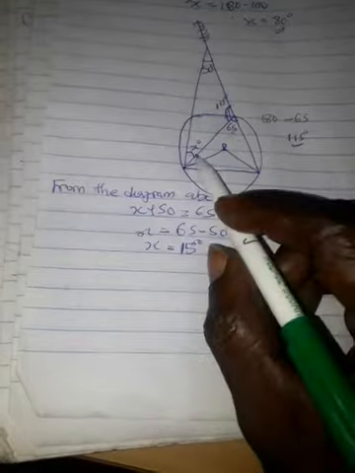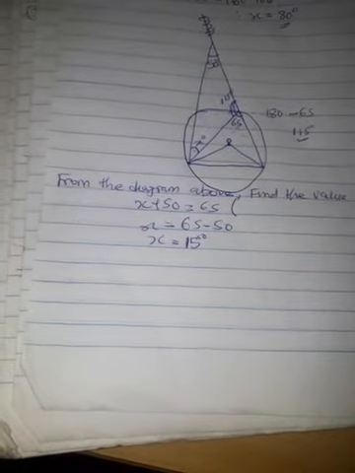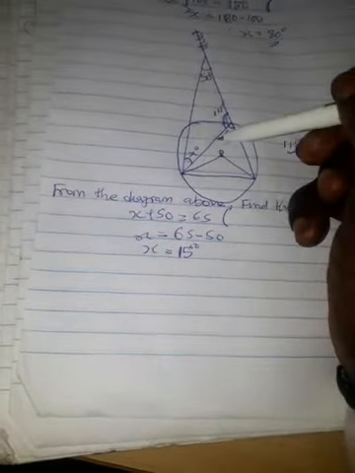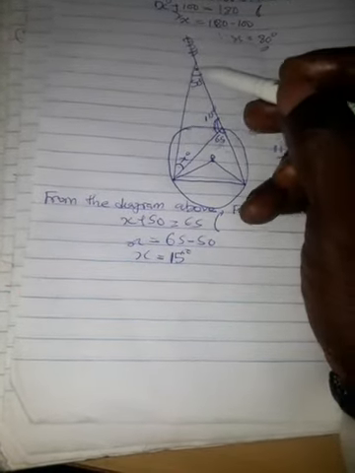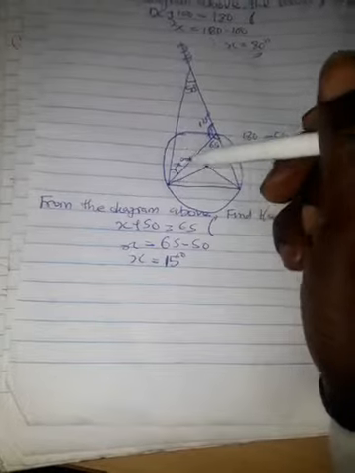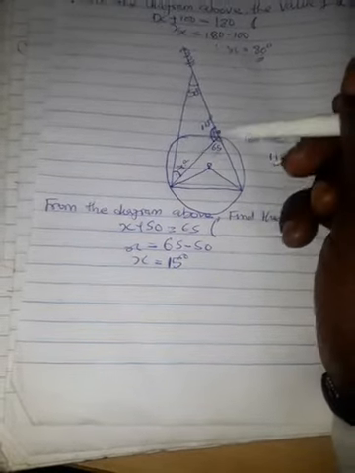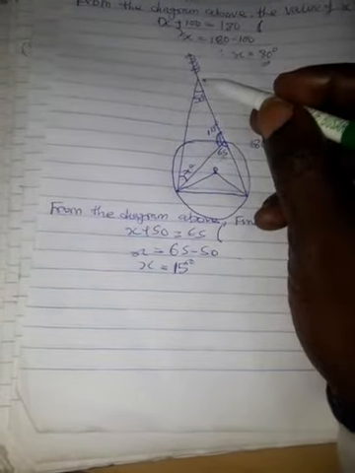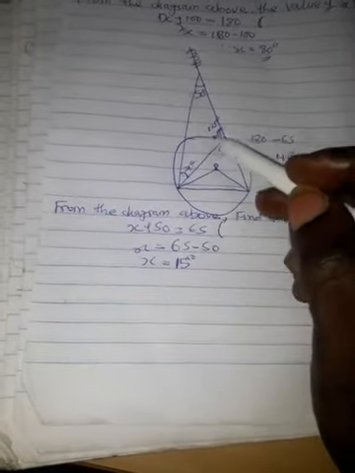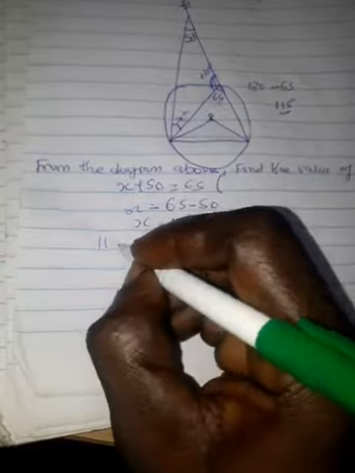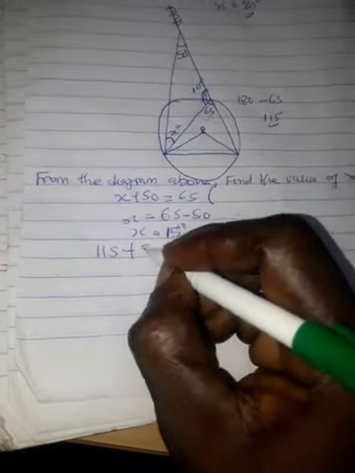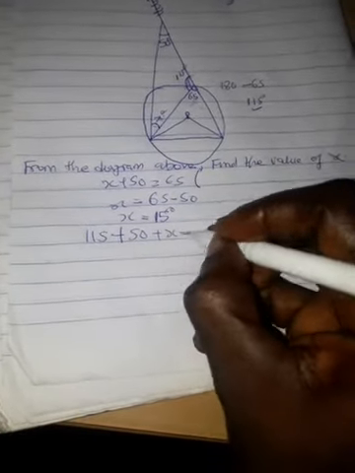And I want to calculate s. There's another theorem that says that the sum of angles in a triangle is 180. So what we now do is, I've already gotten this one as 115. I'll just say 115 degrees plus 50 plus s equals 180.